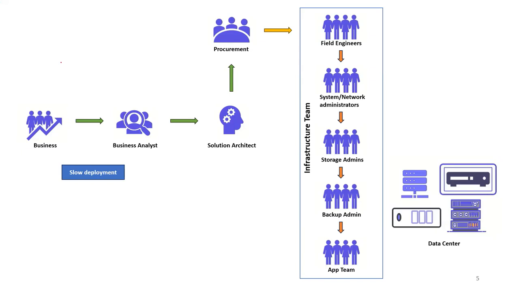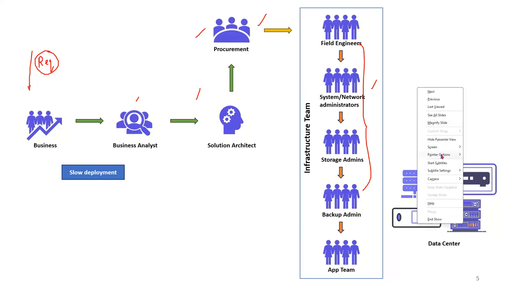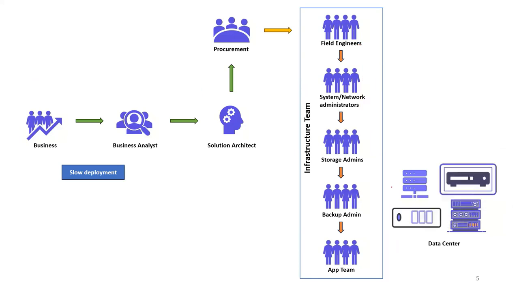If you get a requirement from the business to create an application, the turnover time varies from weeks to months because everything has to be ready, this entire setup. This is common, but these things are not common all the time. So this takes a lot of time, and that is the reason the traditional working model is a slow deployment model.